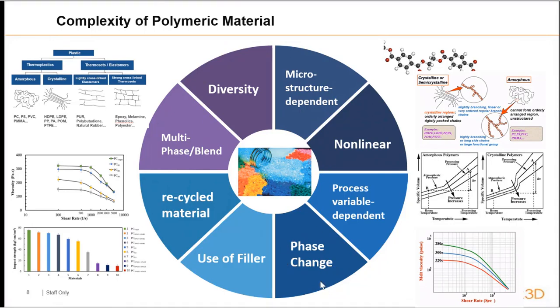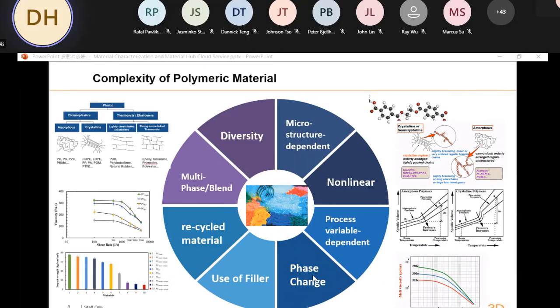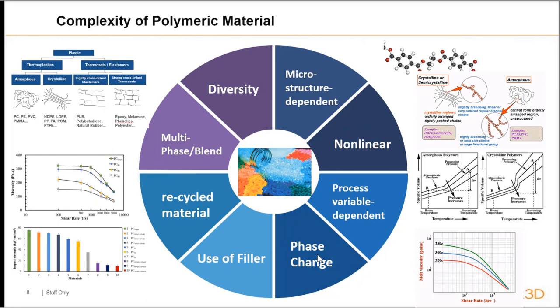And of course, phase change is involved in molding. We need to melt the plastics, inject them into the mold, and after the mold shapes the part, we cool it down and eject it from the mold.